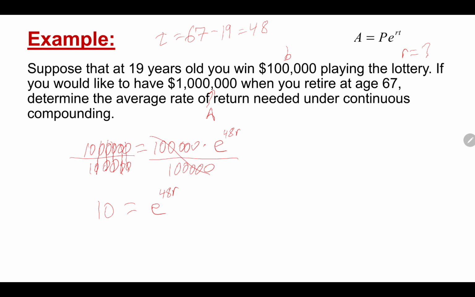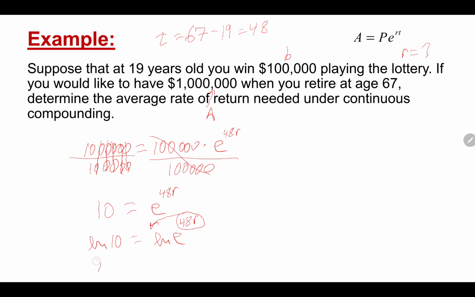I'm going to use ln. So ln of 10 is equal to ln of e to the 48r. Again, this whole thing can come down in front.